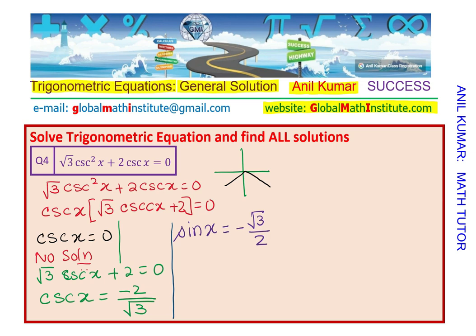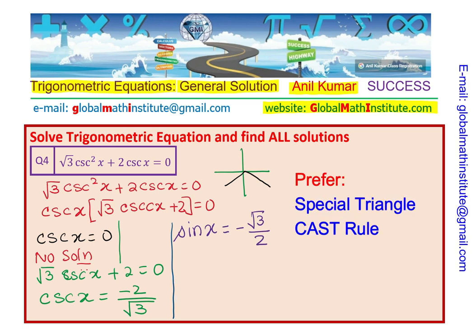We need to find the angle and then get the general solution. Now at this stage, you could actually look into unit circle for your answers, which I don't really recommend. I recommend special triangles, right? So at this stage, I recommend that you use special triangles. Always use special triangles for exact values.